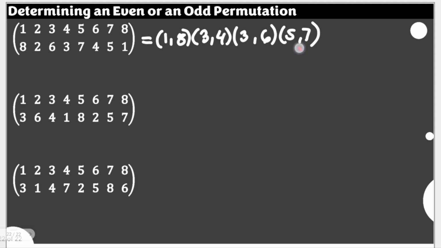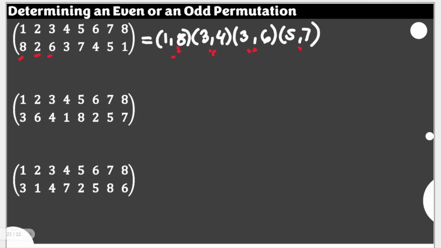1 is mapped to 8. Then for 8, 8 is also mapped to 1, right? For 2, since there's no 2 here, 2 is mapped to 2. For 3, 3 is mapped to 6, and since there's no 6 here, 3 is mapped to 6.